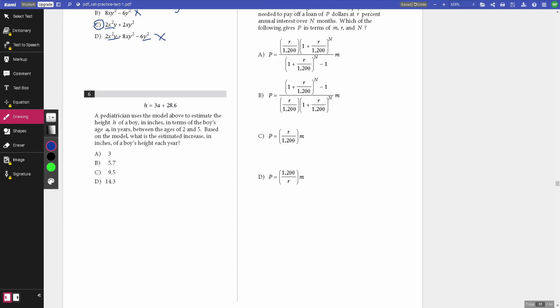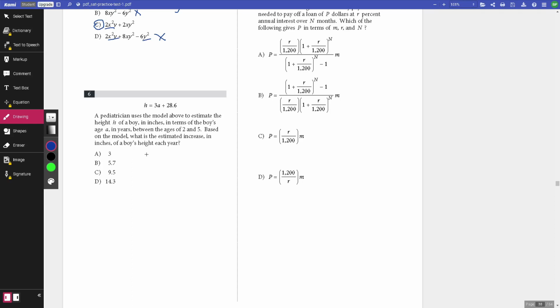Number 6 says h equals 3a plus 28.6. A pediatrician uses the model above to estimate the height h of a boy in inches in terms of the boy's age a in years between the ages of 2 and 5. Based on the model, what is the estimated increase in inches of a boy's height each year?